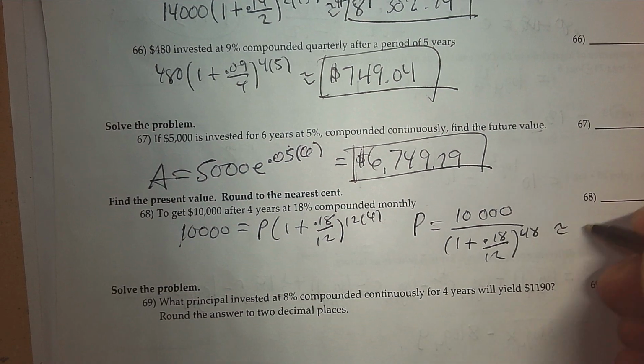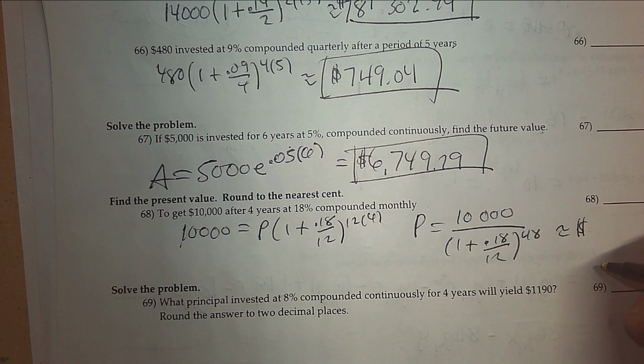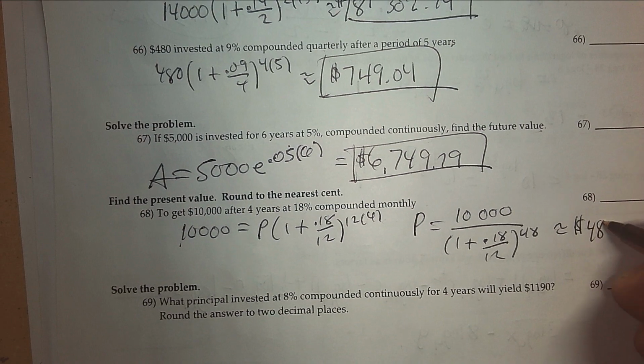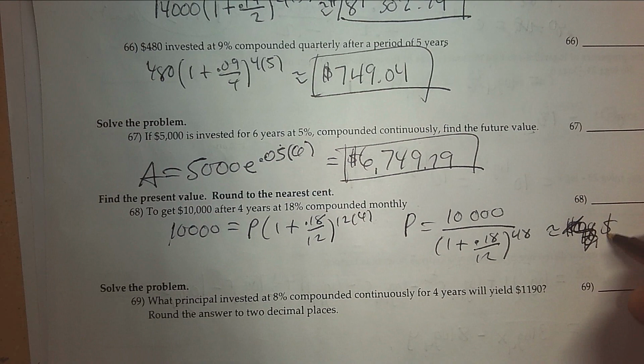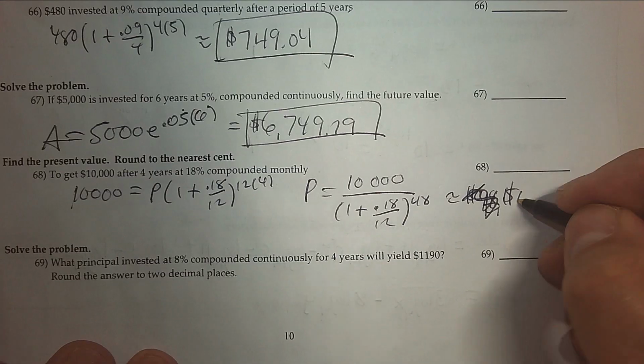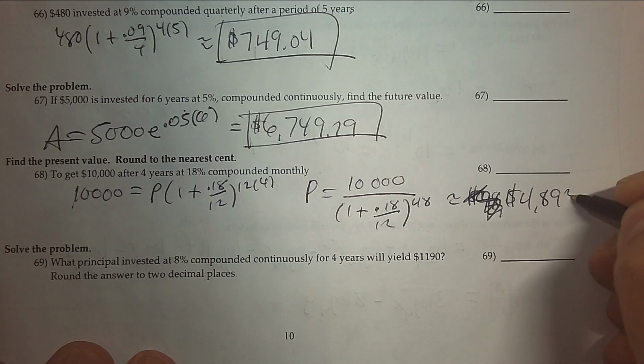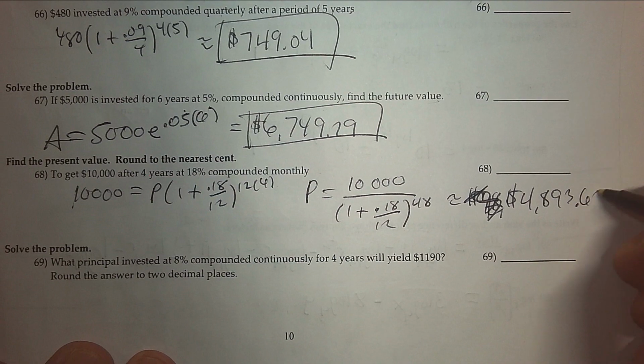And you get the answer, 48,000. No, 48,000. I gotta read numbers better. $4,893.62.